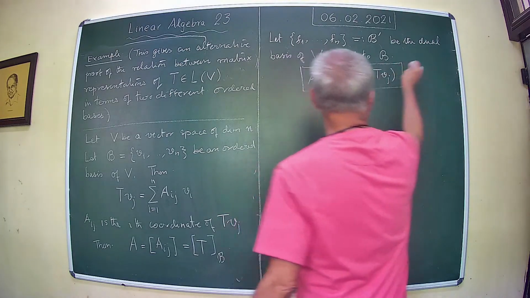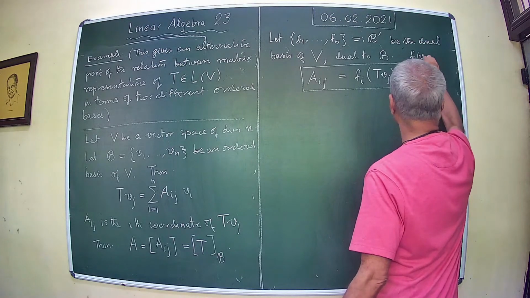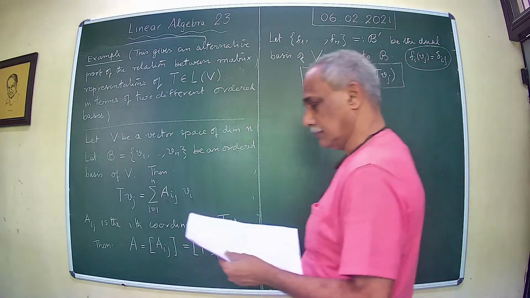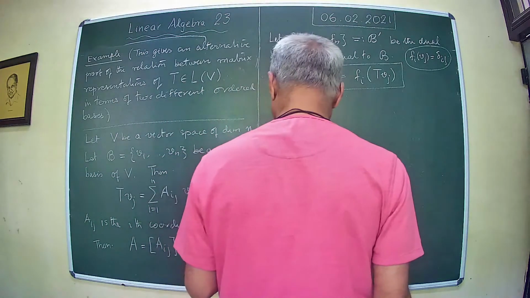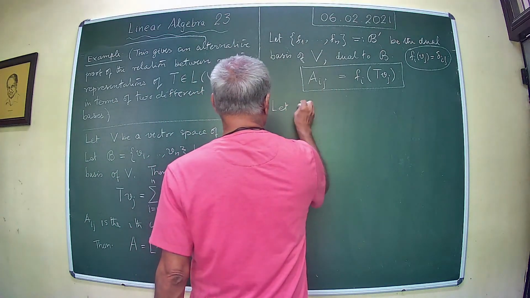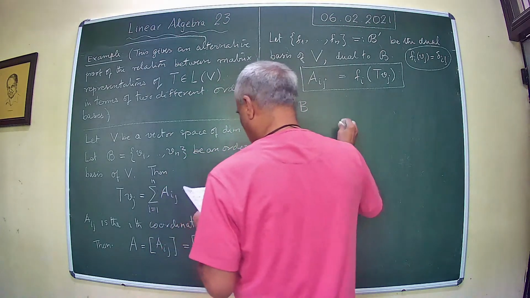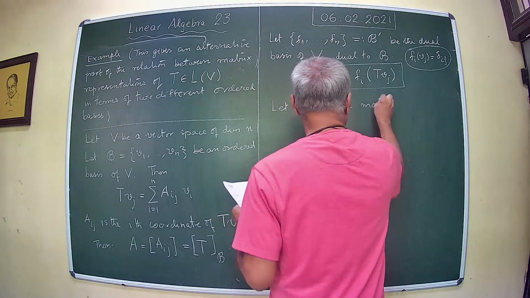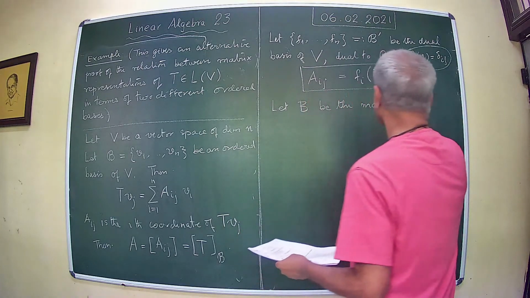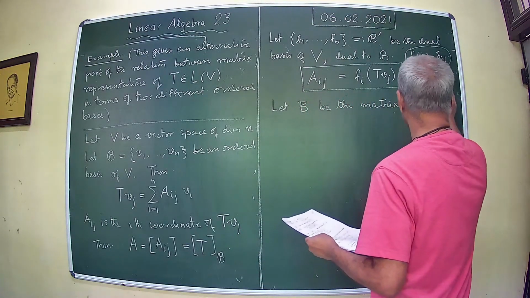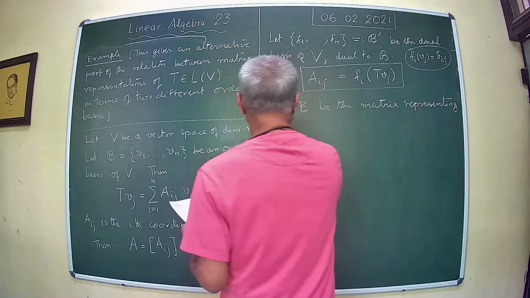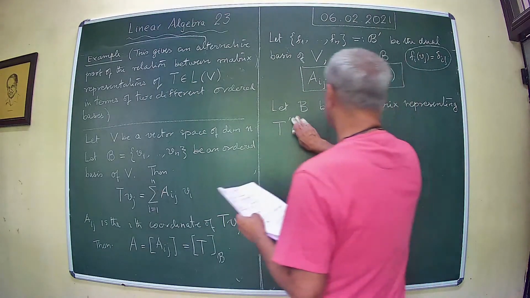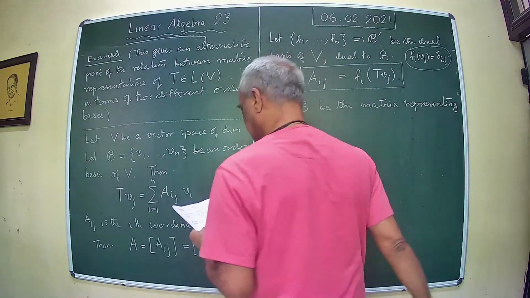This is using the property that Fi is dual, this is the one that you understand. Now let B be the matrix of T. Sorry, T.